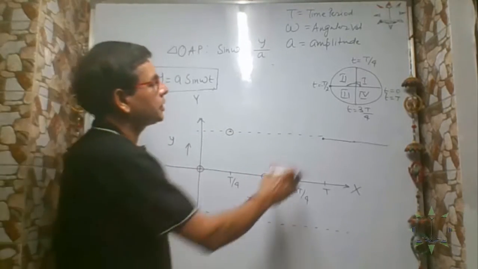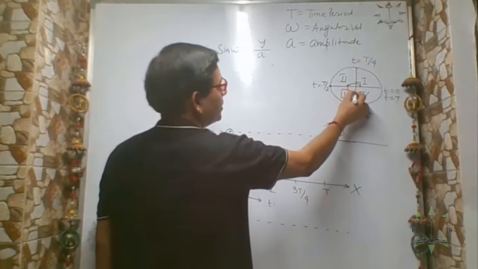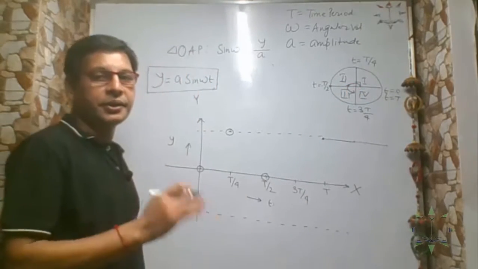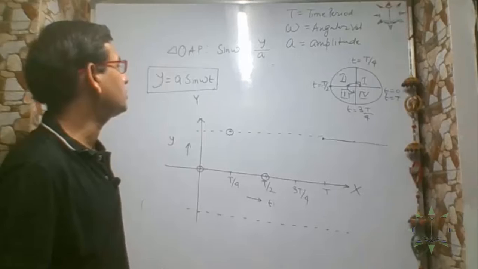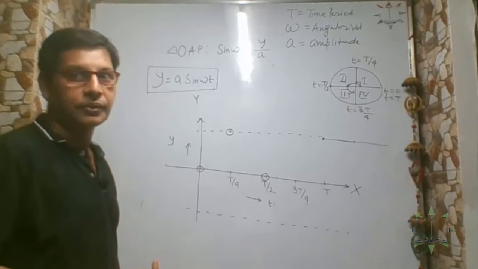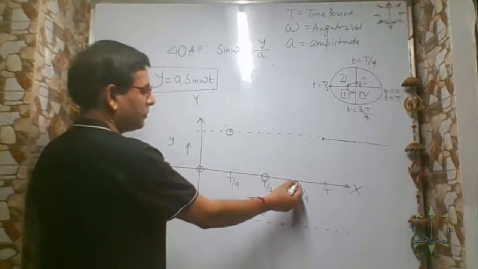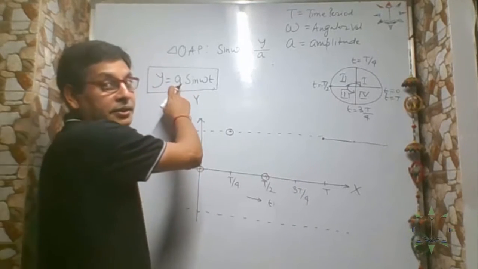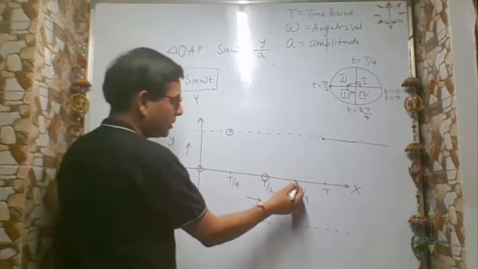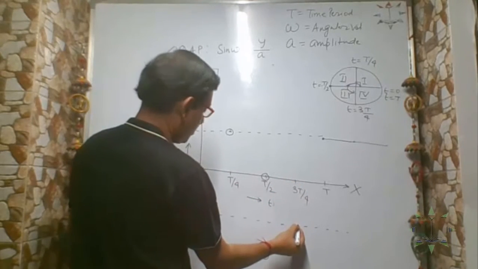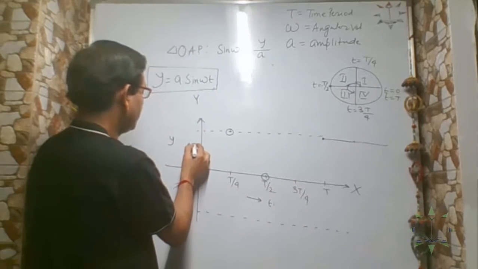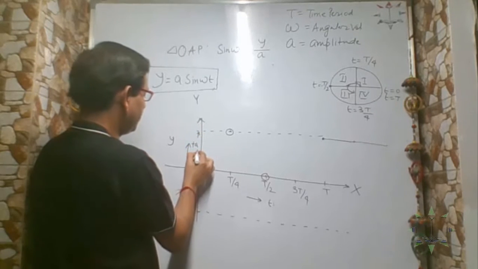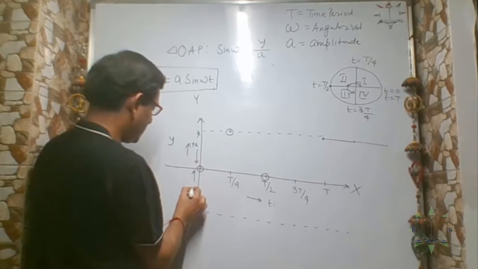Now at t equal to 3T by 4, how much is this angle? 90, 90, 90, 270 degrees, and sin 270 degrees is minus 1, correct? So at t equal to 3T by 4, y is equal to minus a. If this distance is plus a, then this distance is minus a.